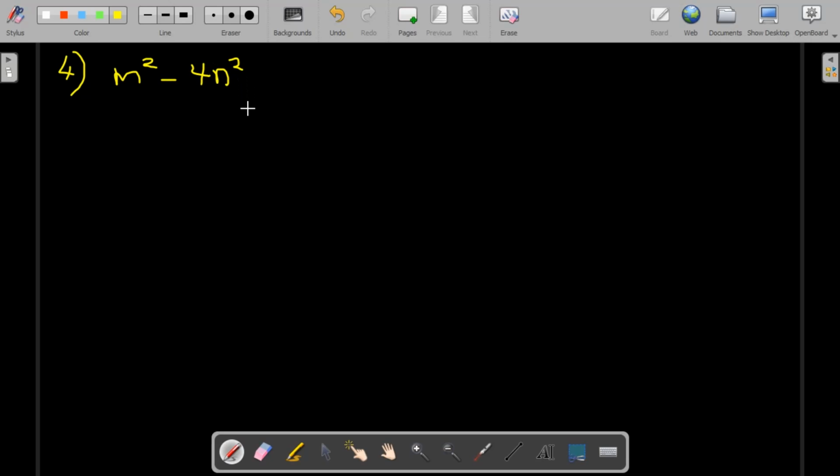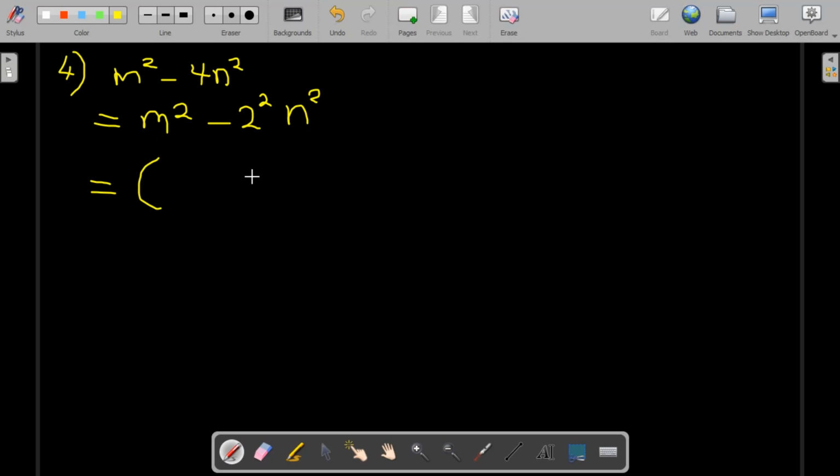Okay, for this one, is it the 2 different squares? So here we have got m squared, and then minus the number that you can multiply 2 times to give us 4, it's 2, so we can say 2 squared, and then we have got n squared. So 2 different squares.